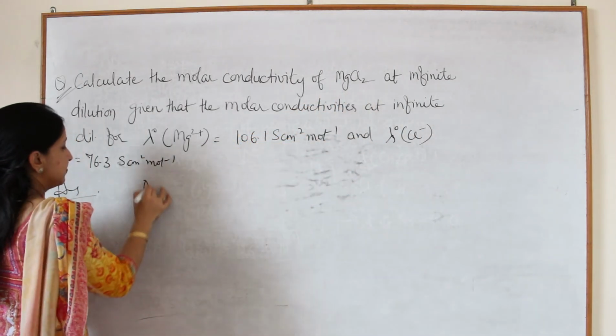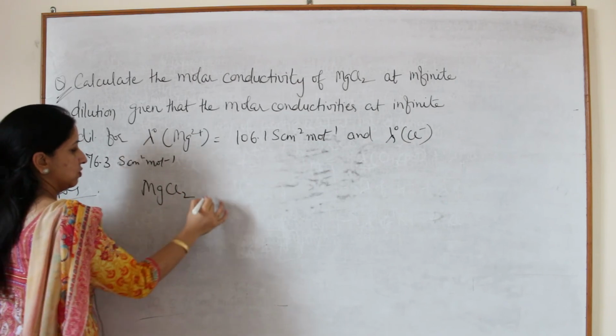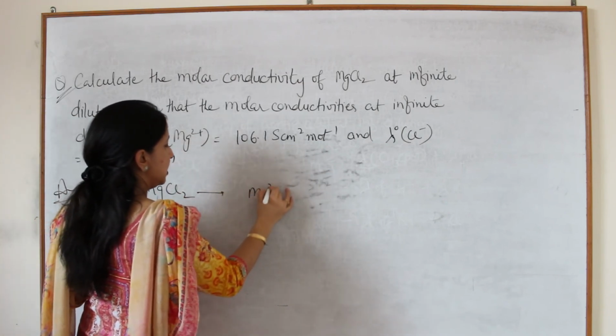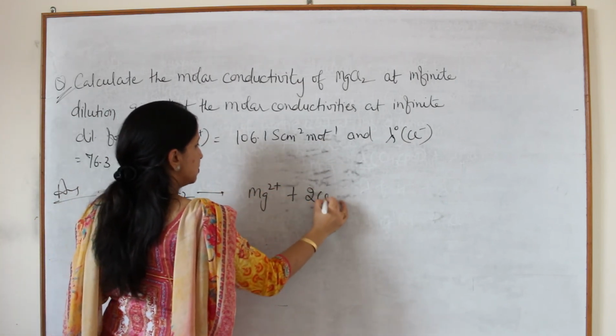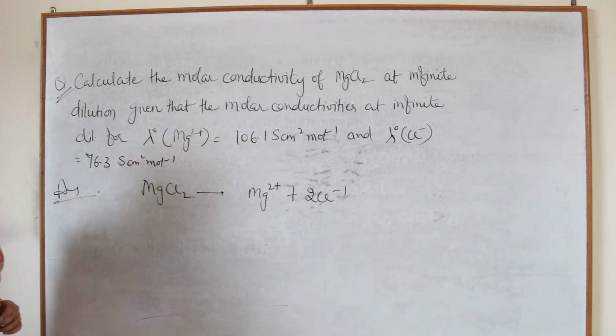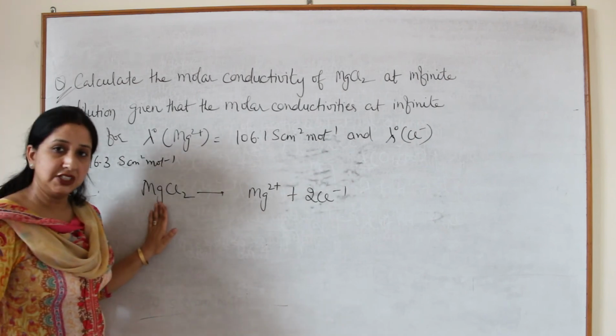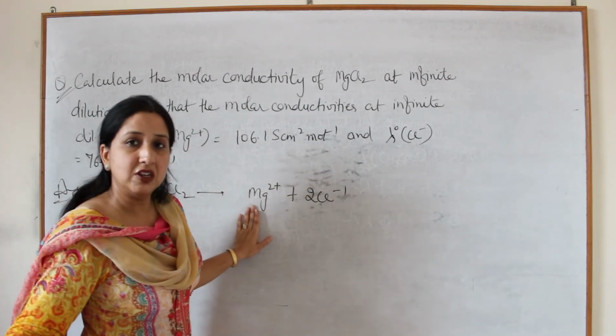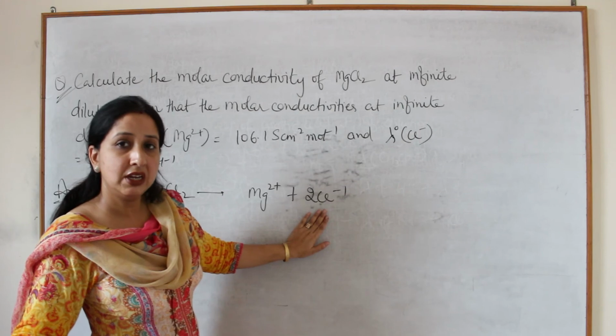Now this MgCl2 will dissociate as Mg2 positive plus 2 chlorine negative. So for calculating lambda naught m for magnesium chloride, we need the values for Mg2 positive and 2 chlorine negative.